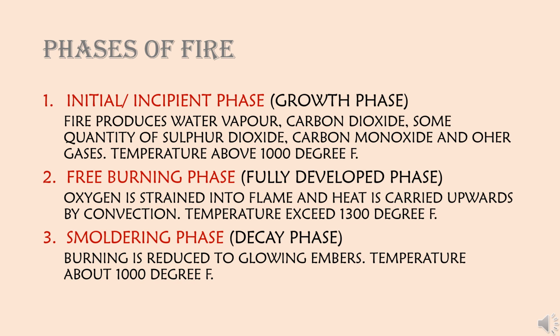The heated gases move upwards, and in the lower levels, there may be some cool air present. With time, when there is insufficient oxygen to react with the fuel, the fire is reduced, and then it moves to the smoldering phase, which is the third phase or the decay stage.